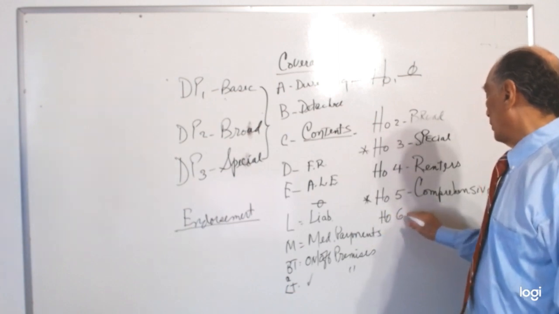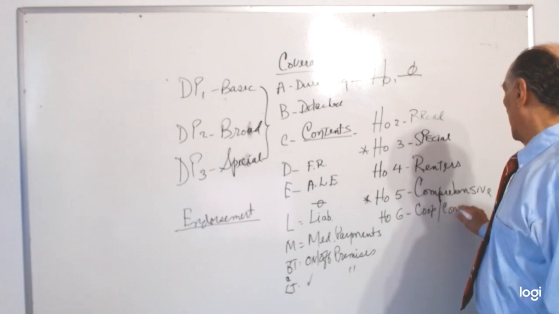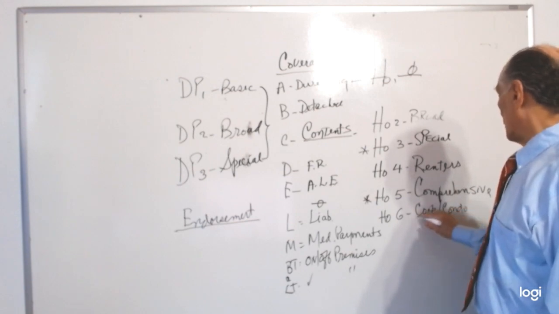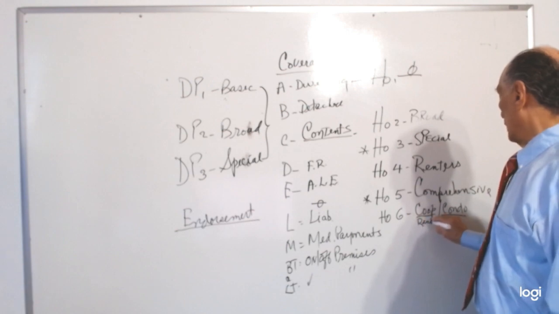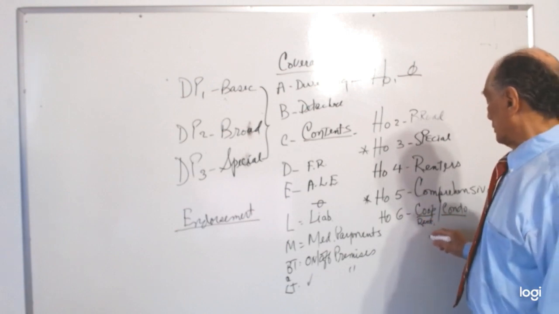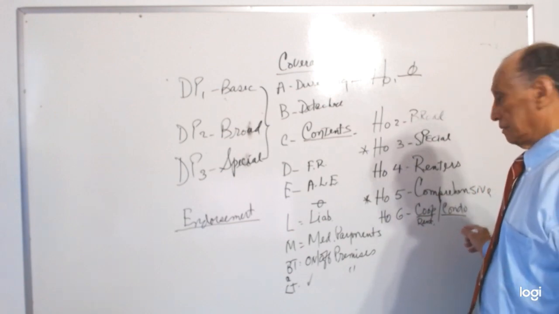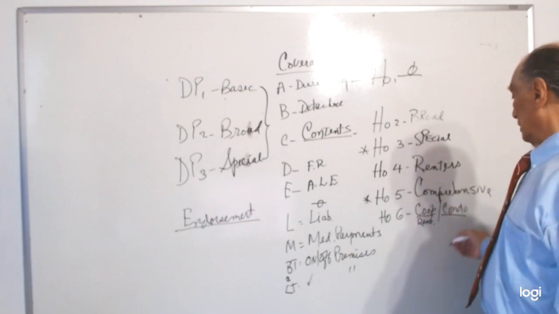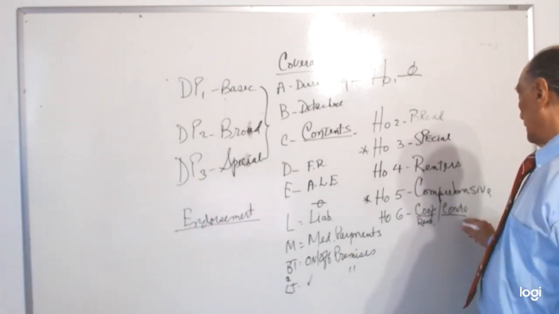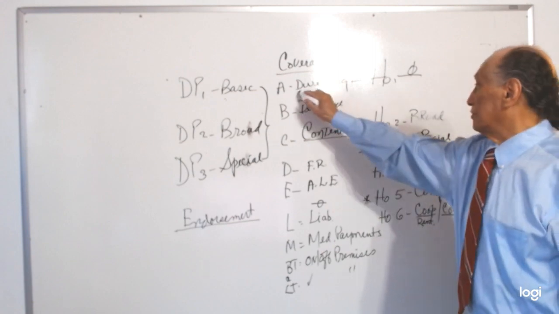HO6 is for co-ops and condos. And the difference is ownership. Here it's just like renters, where you can buy insurance to cover your contents and liability. And the condo is just like 1 to 4 units, except in the condo you share in the coverage for dwelling.